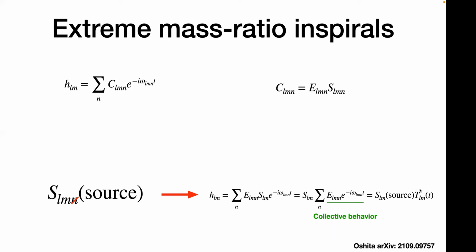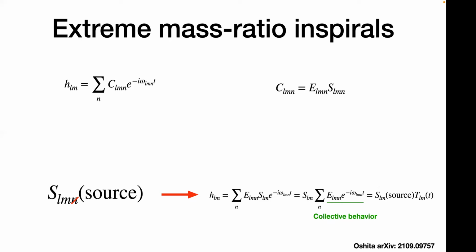This agrees with the feature of Bob, because Bob also uses a single time domain function to describe the time evolution of a waveform, and the information about orbital dynamics appears as an overall factor in front of this time domain function.